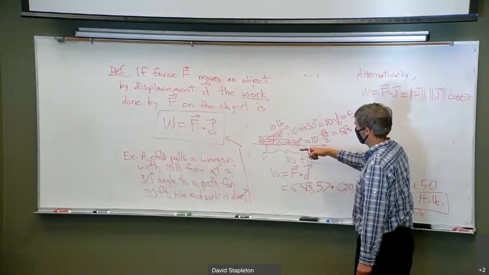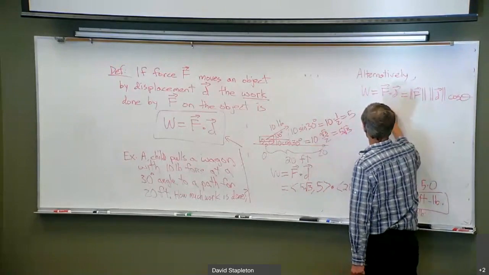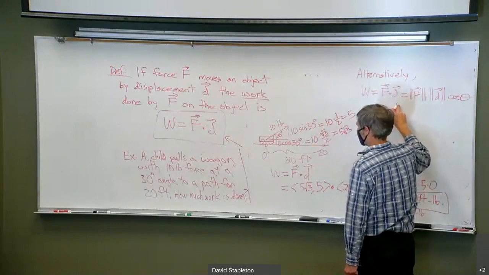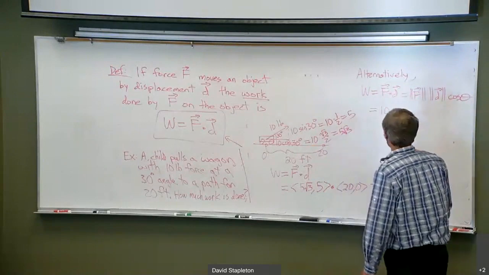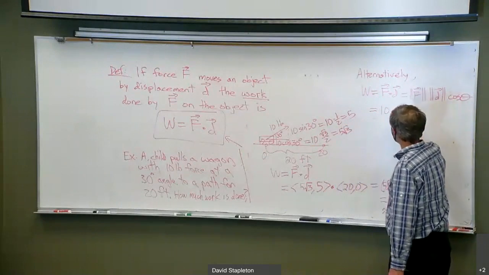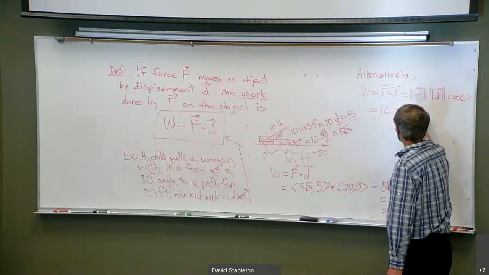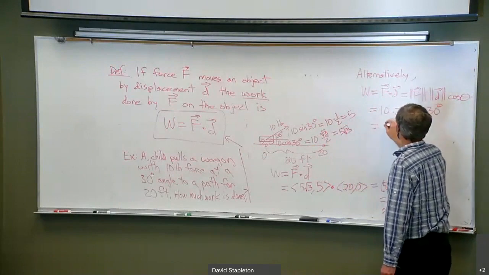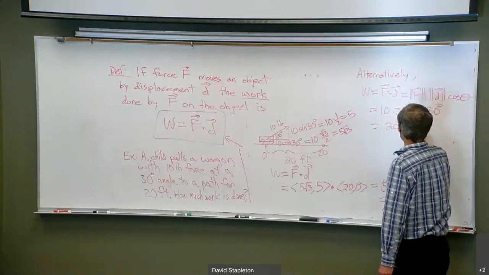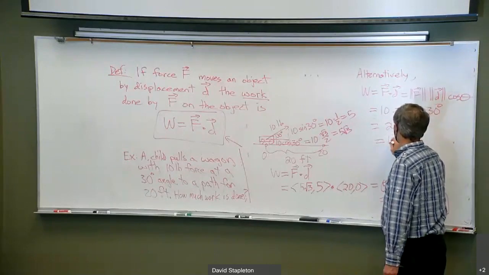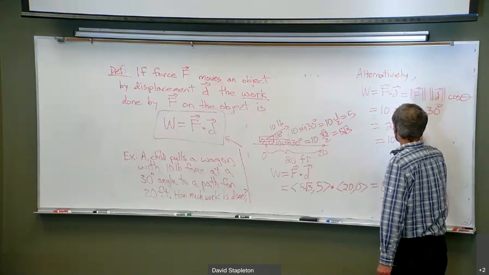The length of the force vector is 10 pounds, the displacement is 20 feet, and then we just have cosine of 30 degrees. We get 200 times square root 3 over 2, which is 100 square root 3, just like we got before.